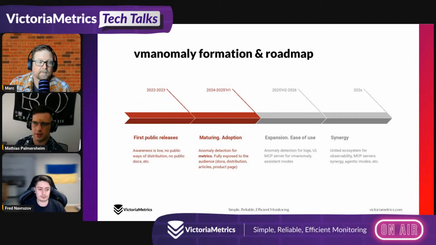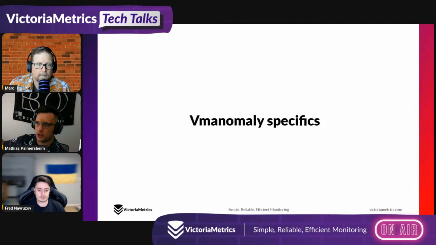And we do have ways of scaling vmanomaly beyond what a single container or a single box can do. That's something else that's happened in the past year: you can run vmanomaly as a sharded config. So there are no complicated elections or leader election or anything like that. vmanomaly can just know which number it is in the group, and then it will split out the config based on what number of the group it is and what partition or partitions it has.